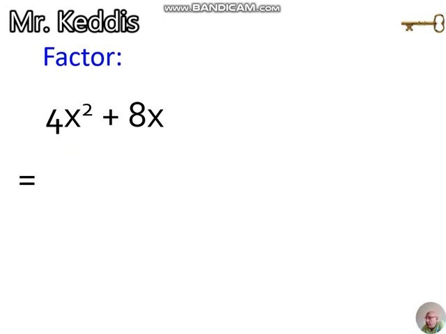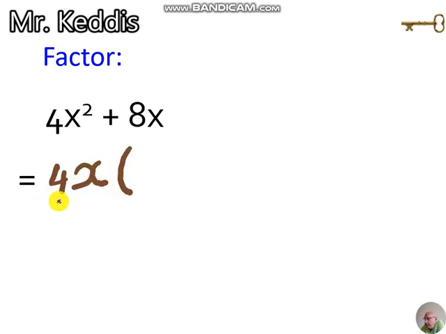To factor 4x squared plus 8x, the common factor between 4 and 8 is 4. Between x and x squared, or x to the power of 1 and x to the power of 2, I take the lowest power. This means the common factor is 4x.